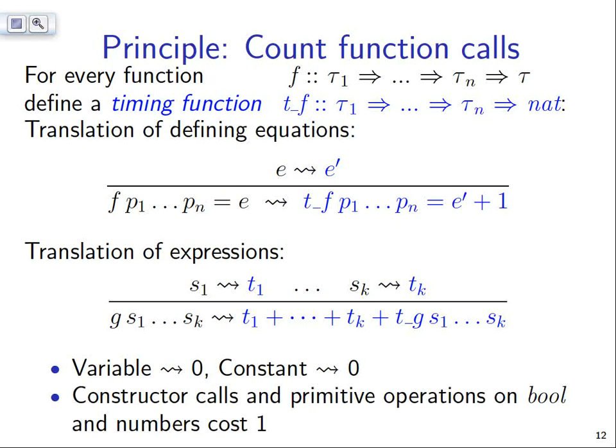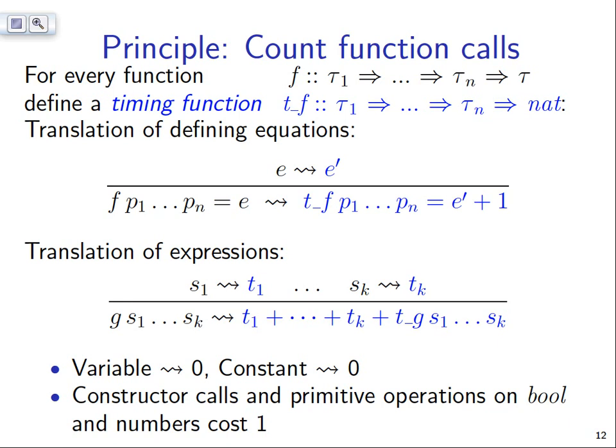And here we make the following simplifying assumption that constructor calls and primitive operations on bools and numbers cost simply one time unit. That's not unusual that you work with a unit cost model where you don't care about how large things are. You just say it takes one time unit to evaluate an addition or something like that. So that's the almost complete definition.